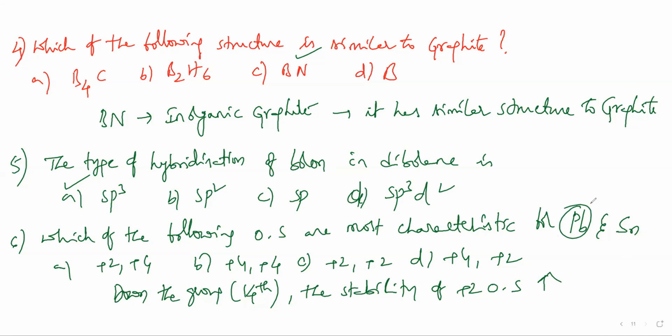Who is down the group? Lead. So it is more stable in +2. But what is the common oxidation state actually? +4. So lead will be more stable at +2 and tin will be more stable at +4. What is that option? First option.